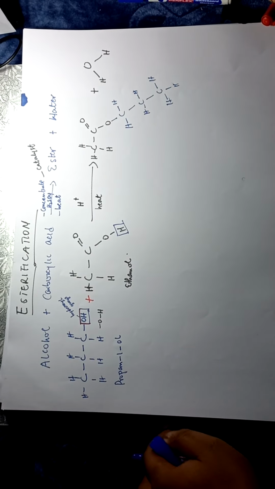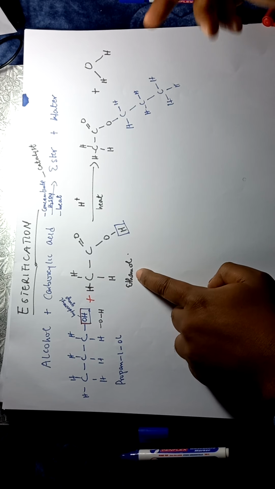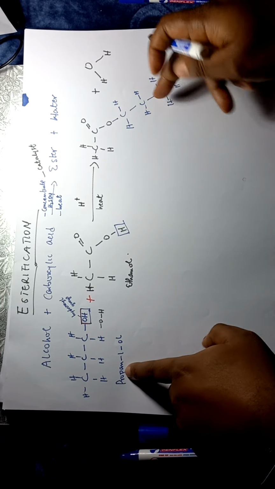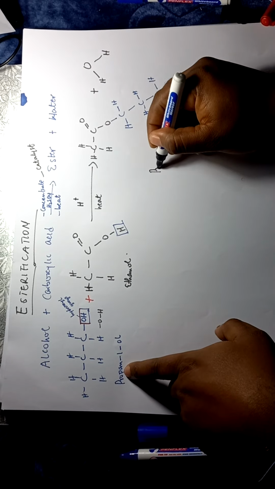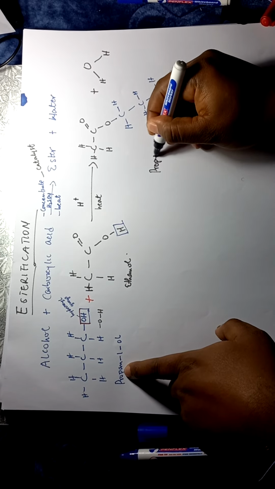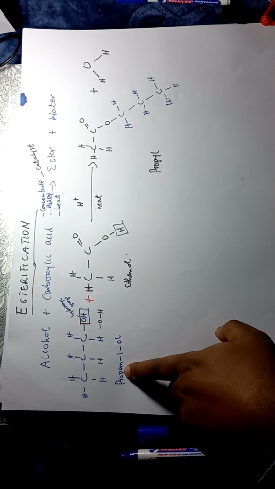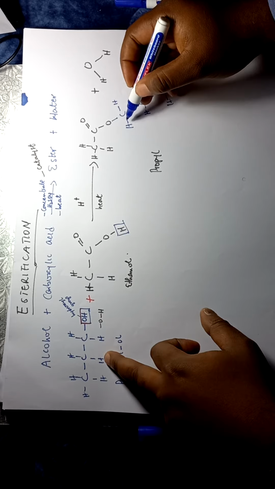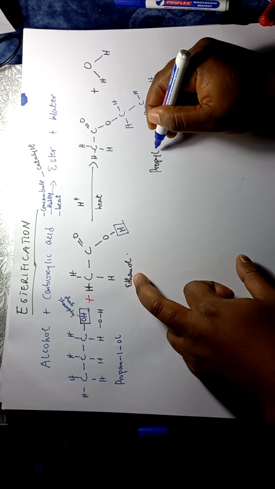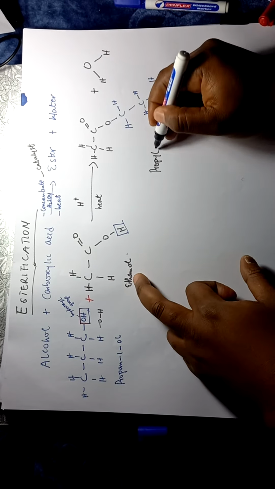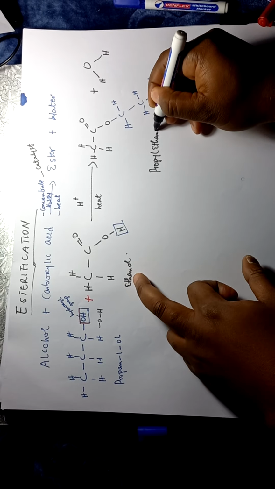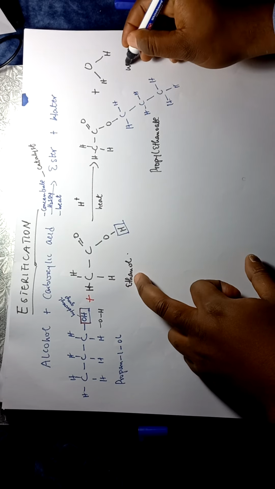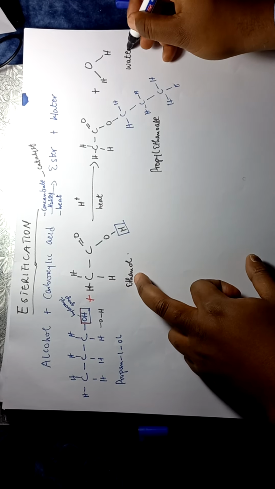So if you look at it here, you will see if these two react together, they lead to the formation of ester. And the ester I'm forming in this very case will be propyl, which is the alcohol part, and propyl ethanoate, and we get our product, which is water.